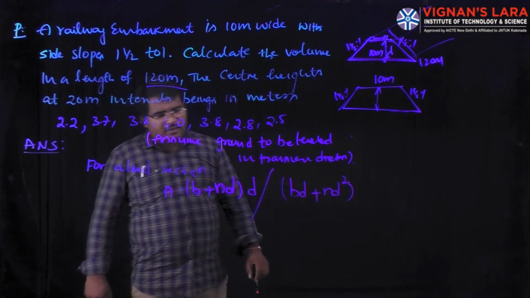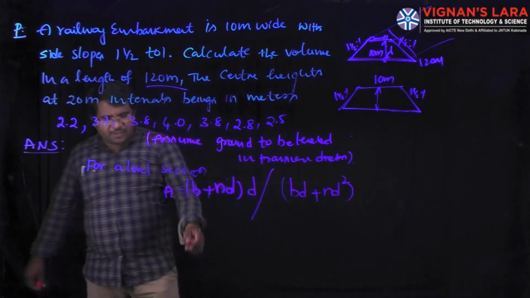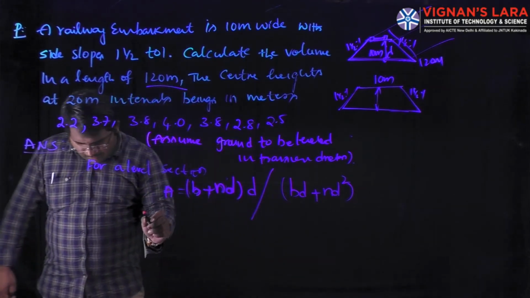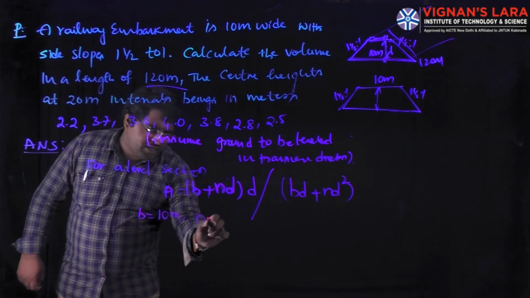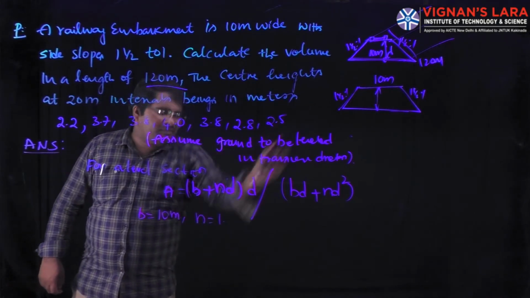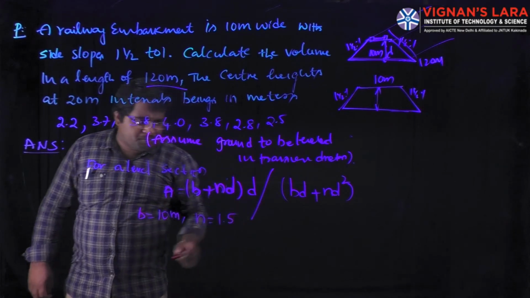Anything we can use. According to this, the B value is 10 meters and the N value is 1.5, that is why it is 1.5.